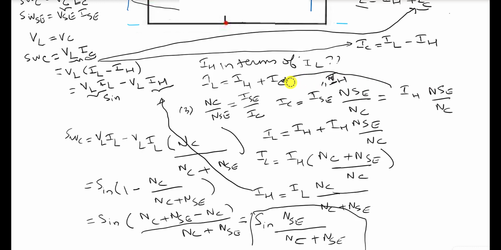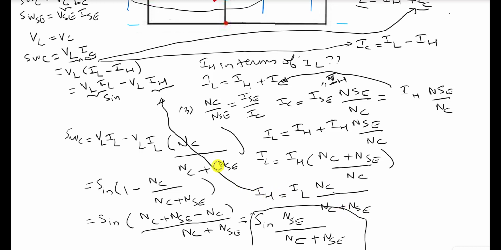this term here. That gave us IL is equal to IH plus IH times NSE over NC. Then we factor, cross multiply to find IH. It gave us IH is equal to IL times NC over NC plus NSE.